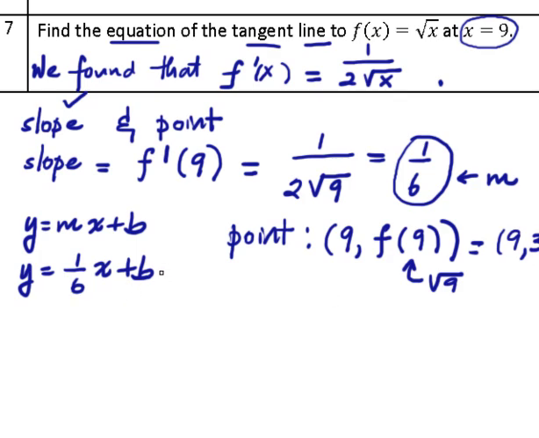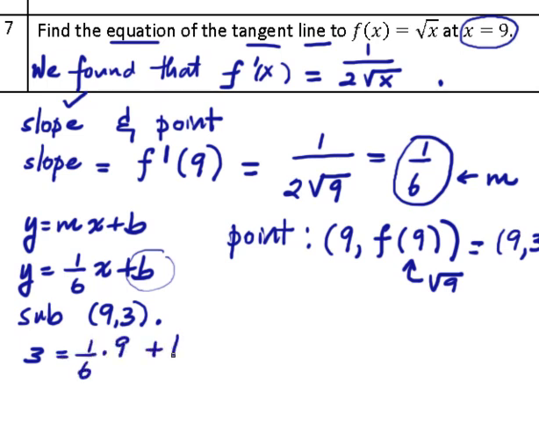All right, so to figure out b, what we want to do is substitute in our point. Substitute in 9, 3: 9 for x, 3 for y. So we have 3 is equal to 1/6 times 9 plus b.